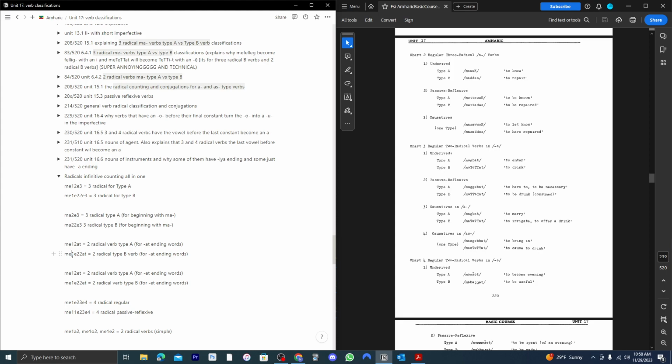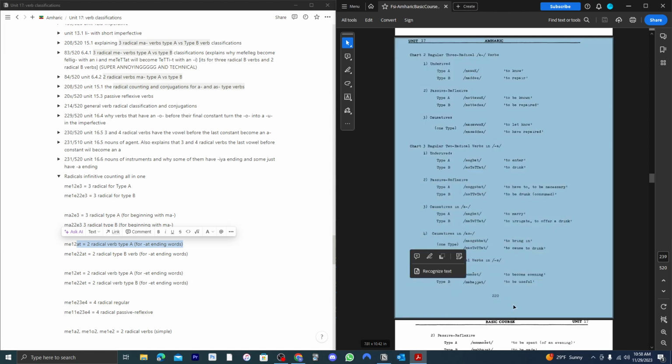This one is a passive reflexive, so maybe I don't want to use that one because it's based off of Megbot. So let's use Megbot. So 1, 2, radical, radical, AT. So ME, radical, radical. This should be a two radical type A word, right? Yeah, and the passive reflexive and causative versions are going to be different.